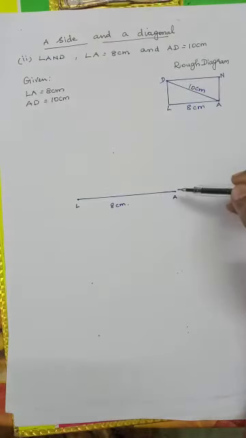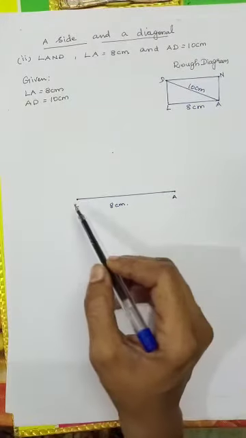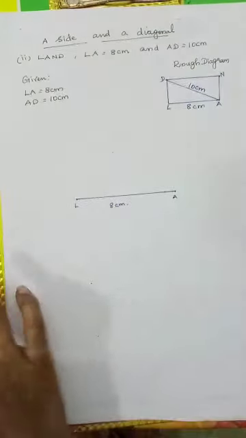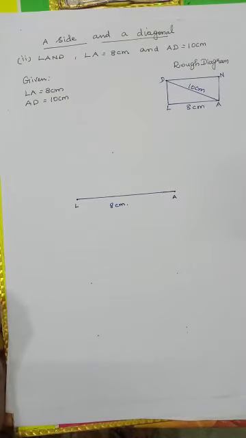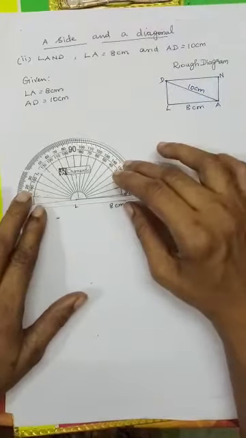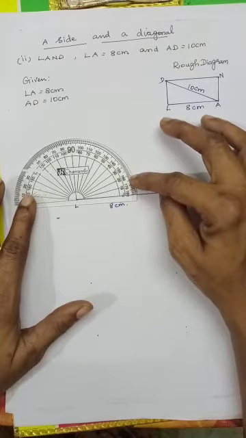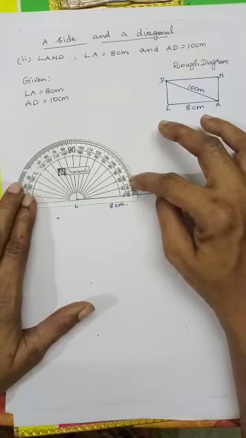Okay. Here from A to D you have to draw an arc, but we don't know the center here. For that you have to draw a perpendicular line. For that perpendicular line, what you have to do? You have to take 90 degree. Using L as the center, you take 90 degree.